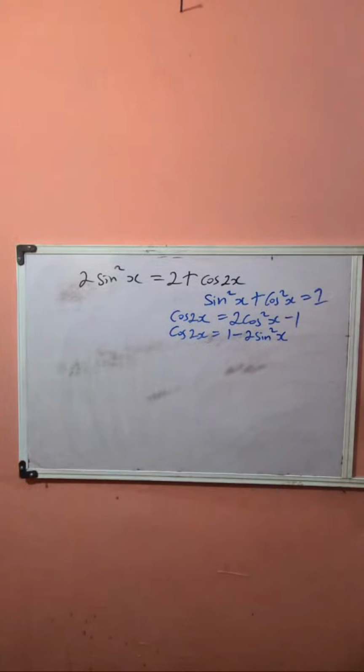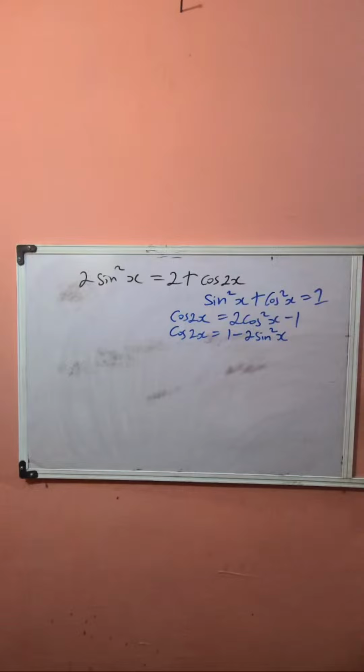I think I gave you all these differences. Now, depending on what you decide to use, make sure the very first thing I told you when trying to solve a trigonometry equation is that you have just one trigonometry function in your equation.